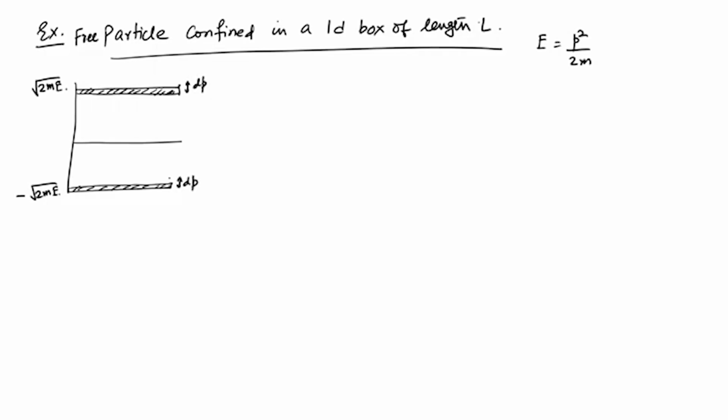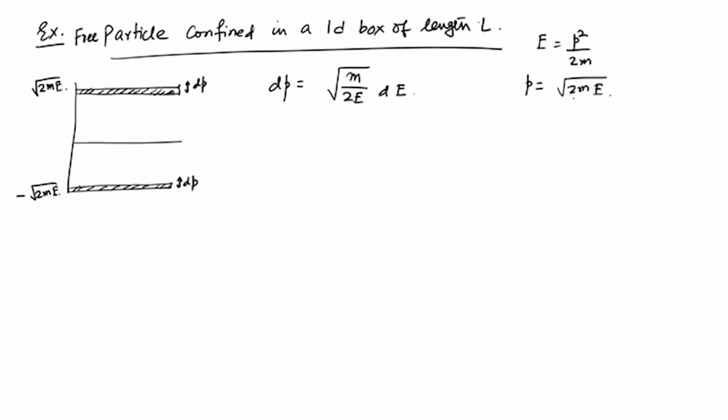They do not look the same, but they are the same. So, here dp is equal to root over m by 2E dE, which is coming from p equal to root over 2 m E.